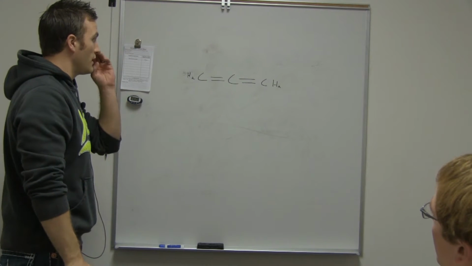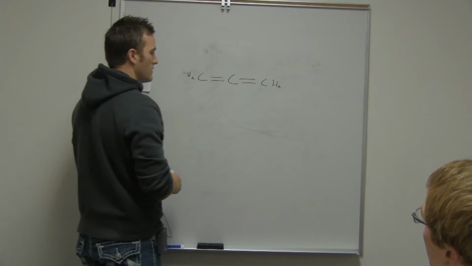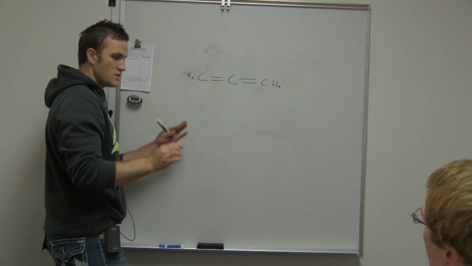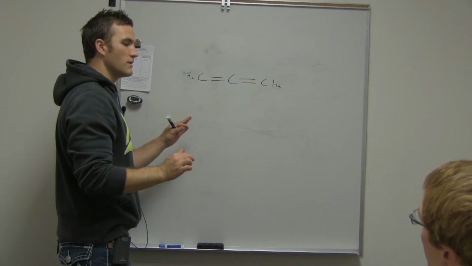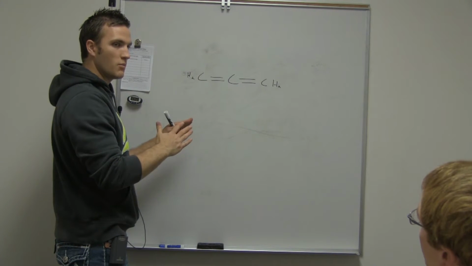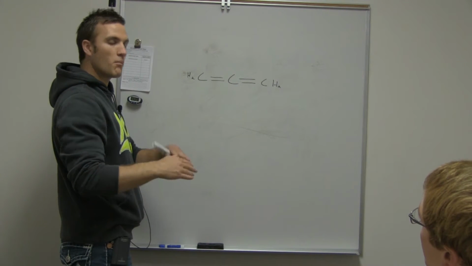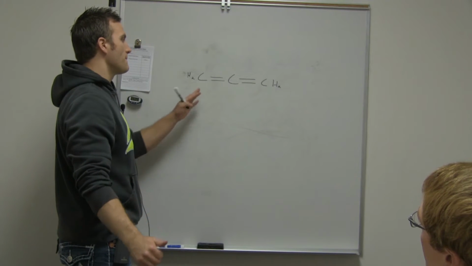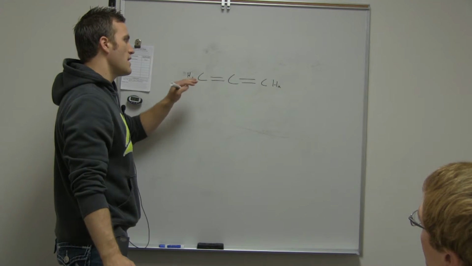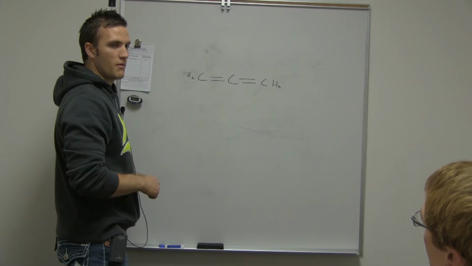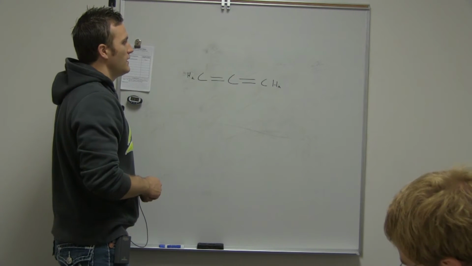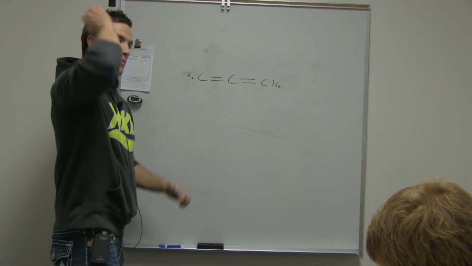Good. So instead of conjugated, where the two pi bonds were separated by one single bond, or isolated, where they were separated by more than one single bond, in cumulated they're right on top of each other. They're back-to-back pi bonds. Do you think this would be more or less stable?